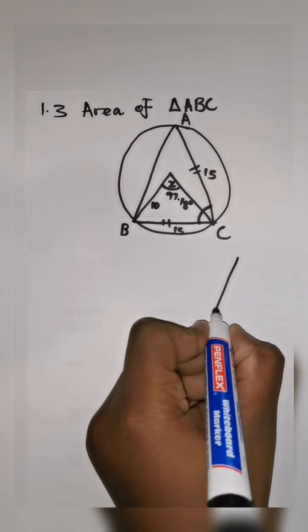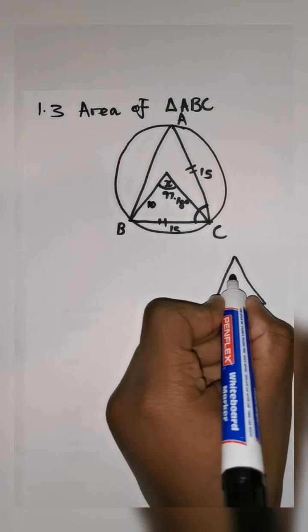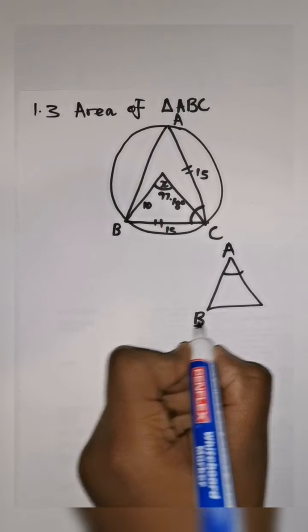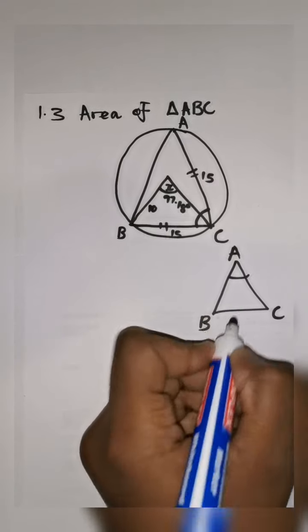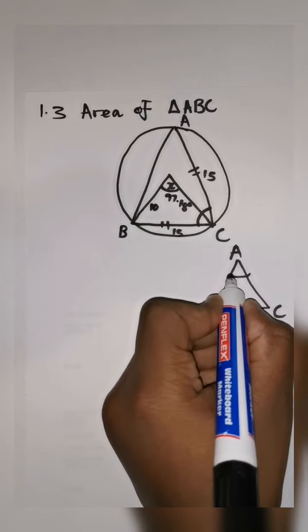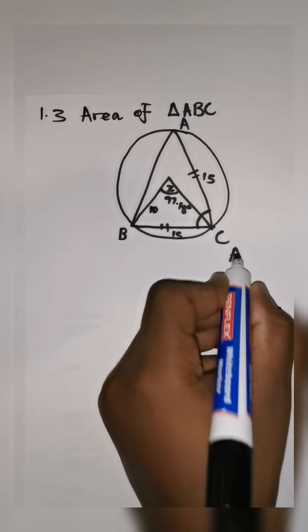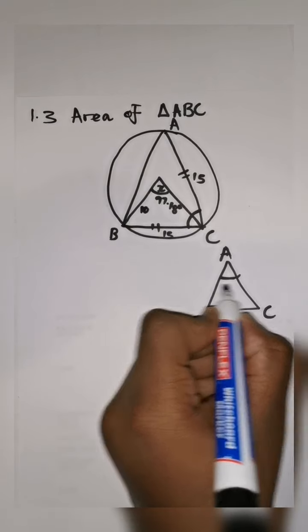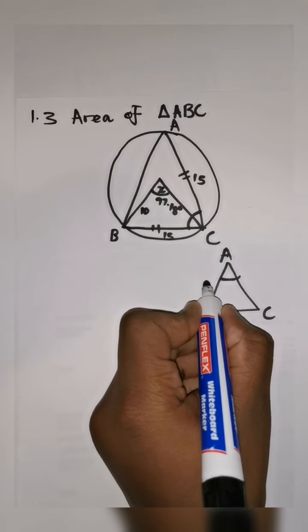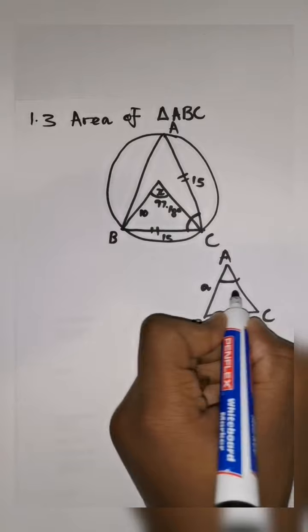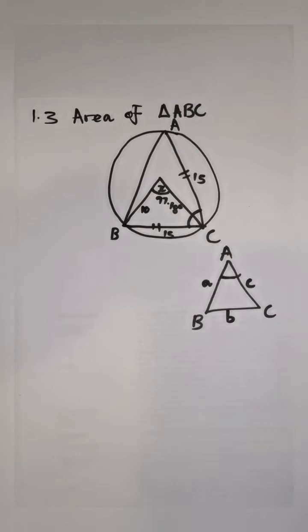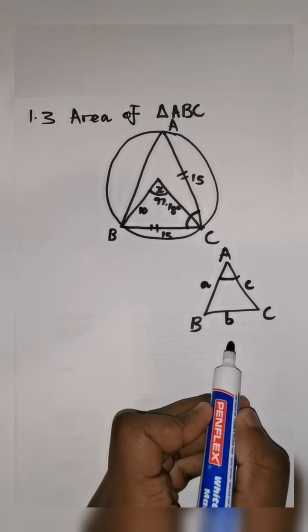Call the angles A, B, C, and call the sides small a, small b, small c.